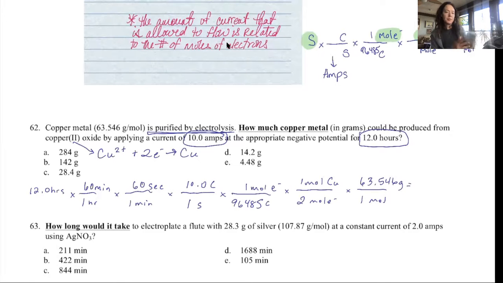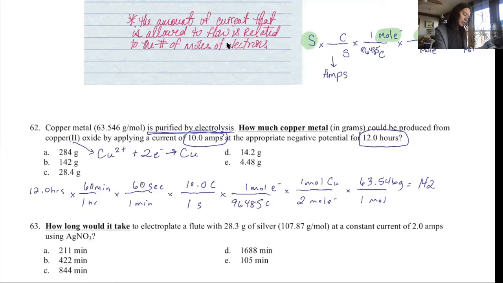Dang, that was easy. All right, so 12 times 60 times 60 times 10 times 63.546, divided by parentheses 96485 times 2 close parentheses equals 142 grams.